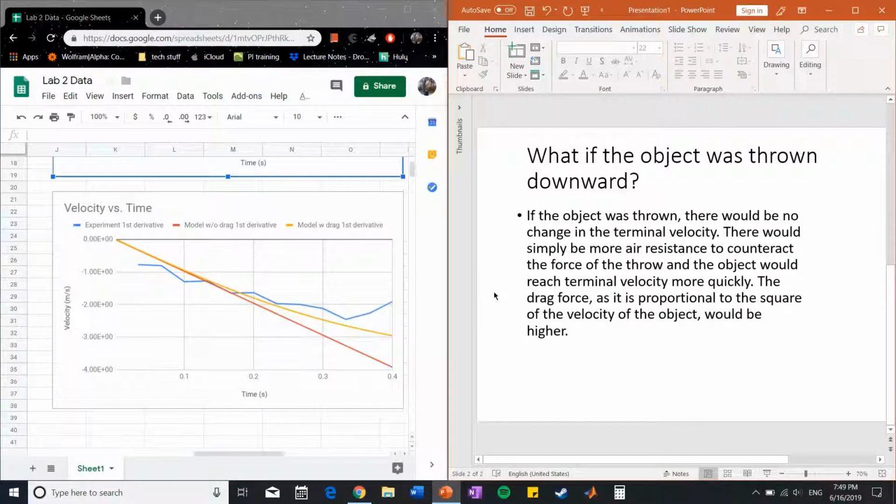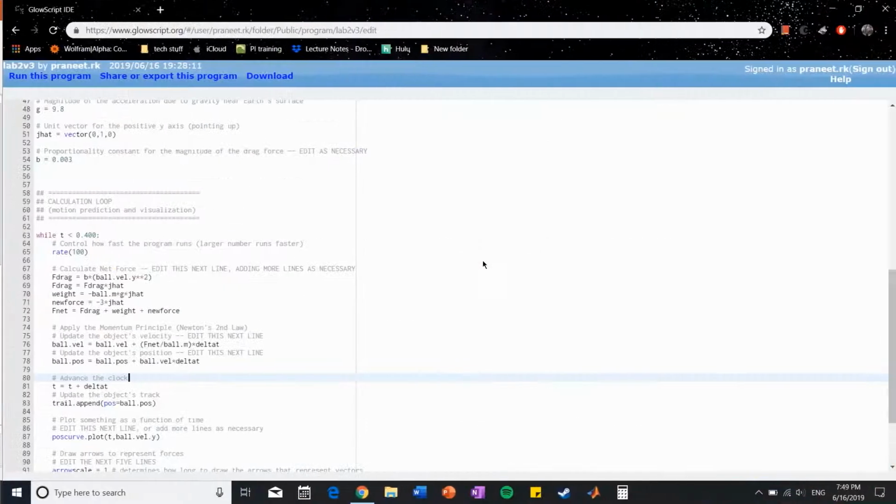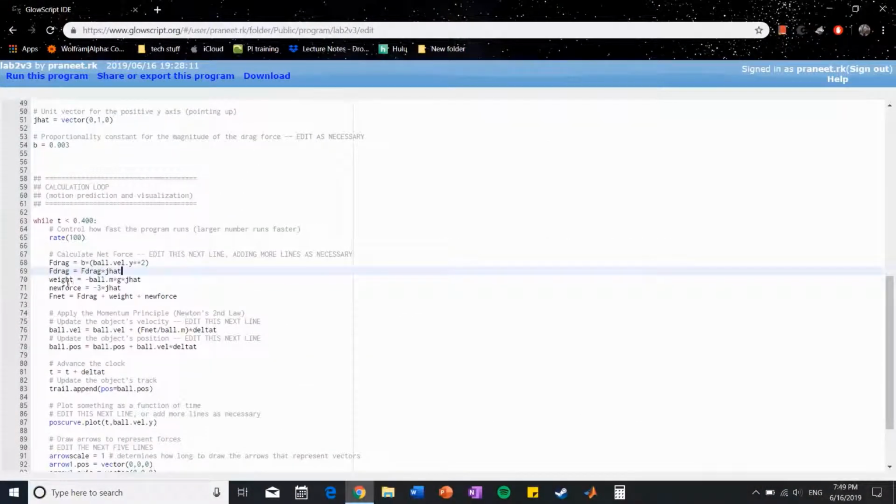Now, what if we throw the object downwards? If the object was thrown downwards, there would still be no change in the terminal velocity itself. There would simply be more air resistance to counteract the force of the throw, and the object would reach terminal velocity more quickly. Drag force, as it is proportional to the square of the velocity of the object, would be higher. And you can see here, I added a small force of a throw downwards, let's just say -3 newtons in the y direction.